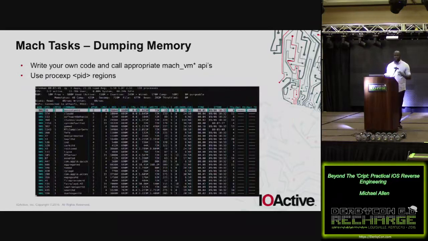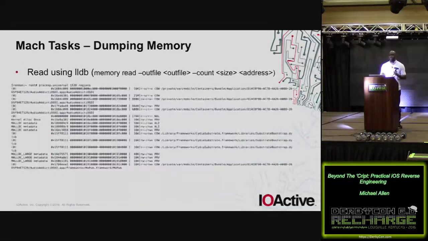You get the task port and use the Mach VM APIs to read memory. Or, quite simply, you could use vmmap with the process ID and regions option, then take the region that you are interested in, pass it to LLDB, dump it, write it to a file, copy the file off the device, and you're good.